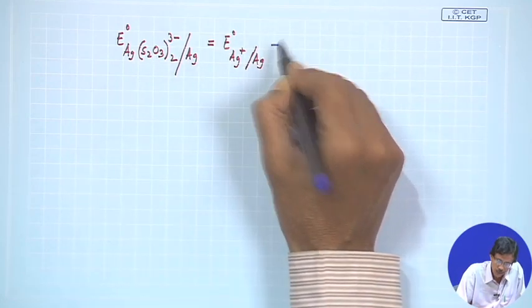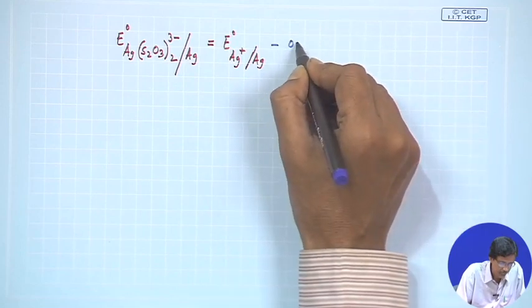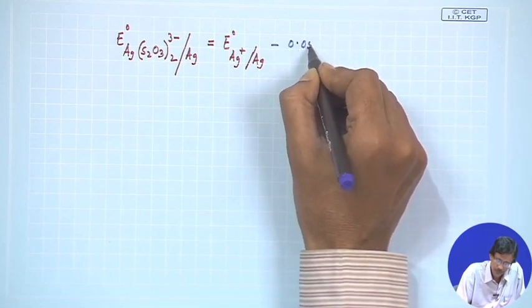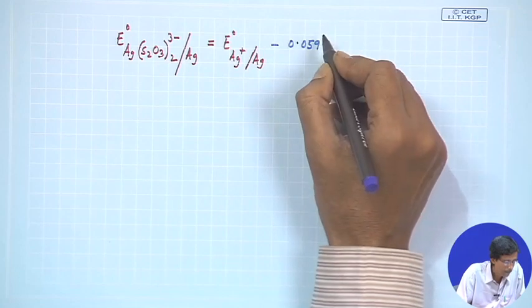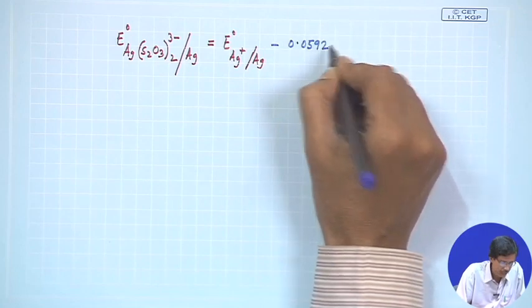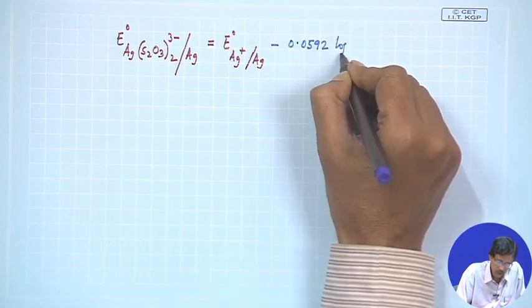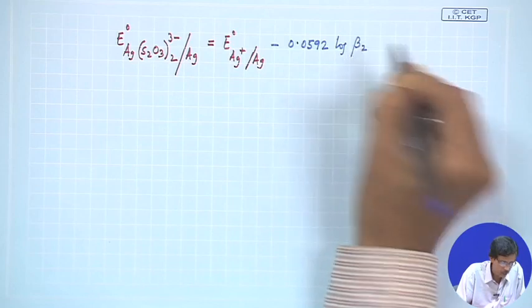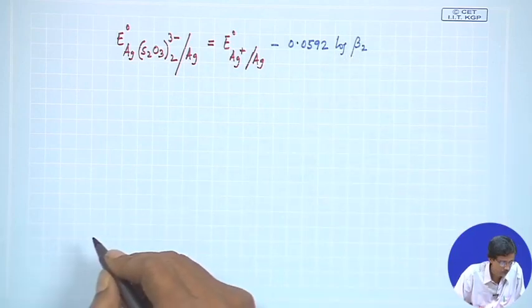And like the chloride case, we will directly write now 0.0592 and log of your beta 2, the formation constant value.